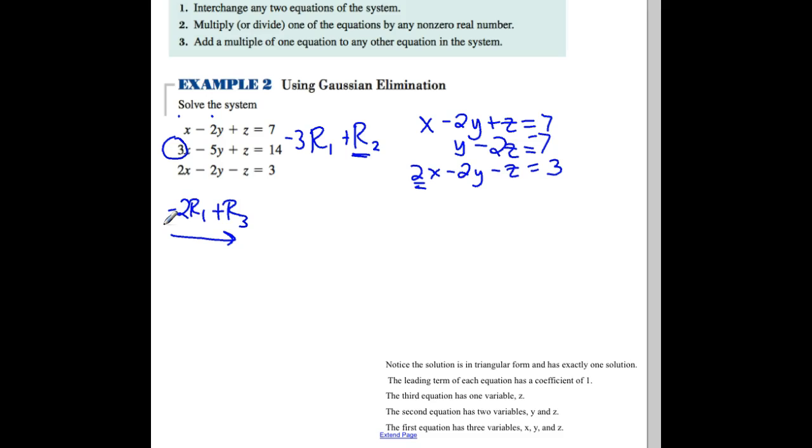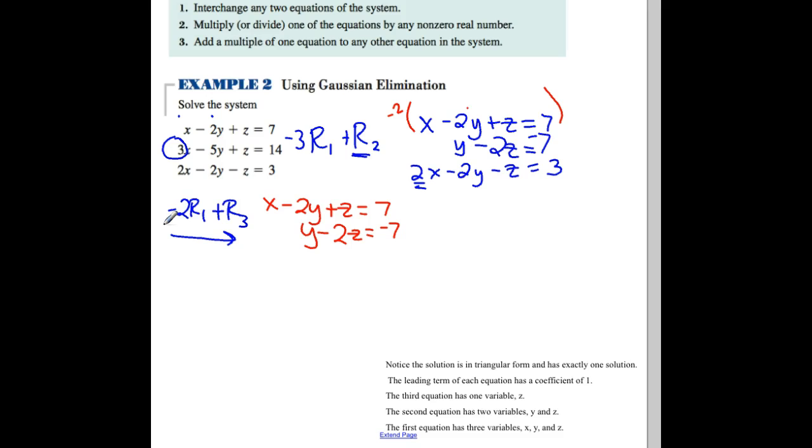Okay? So my new system, I am not changing row 1. I'm not changing row 2. I just want to change row 3. So we're going to take row 1. We're going to times this row by negative 2, right? And add it to row 3. Negative 2 times x plus 2x, it's gone.